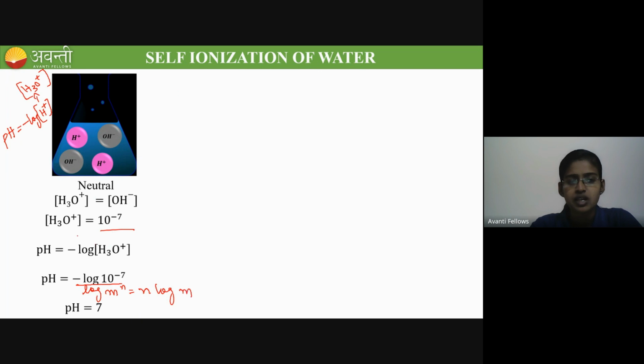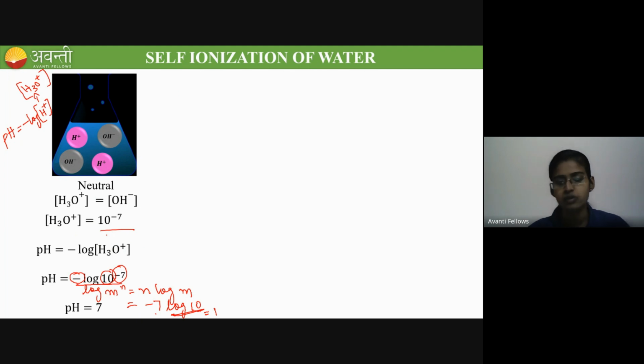Here m is 10 and n is minus 7. Log 10 is equal to 1. So we are getting minus 7, and already we have one minus sign here, so it becomes plus. The final answer is going to be 7. And if the pH is equal to 7, we all know that the substance is neutral.